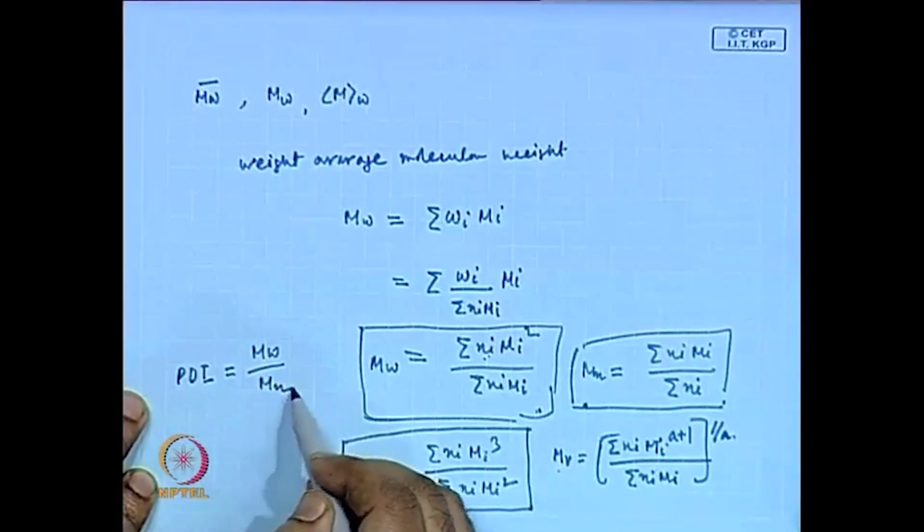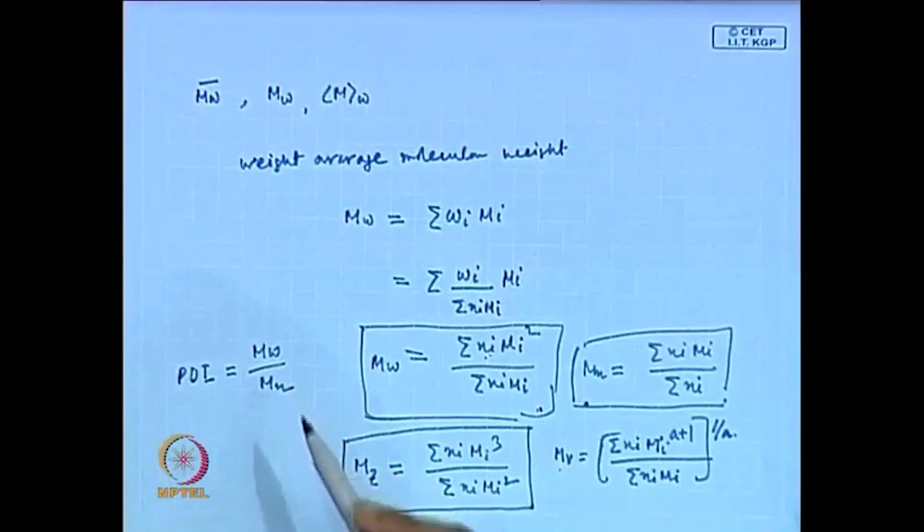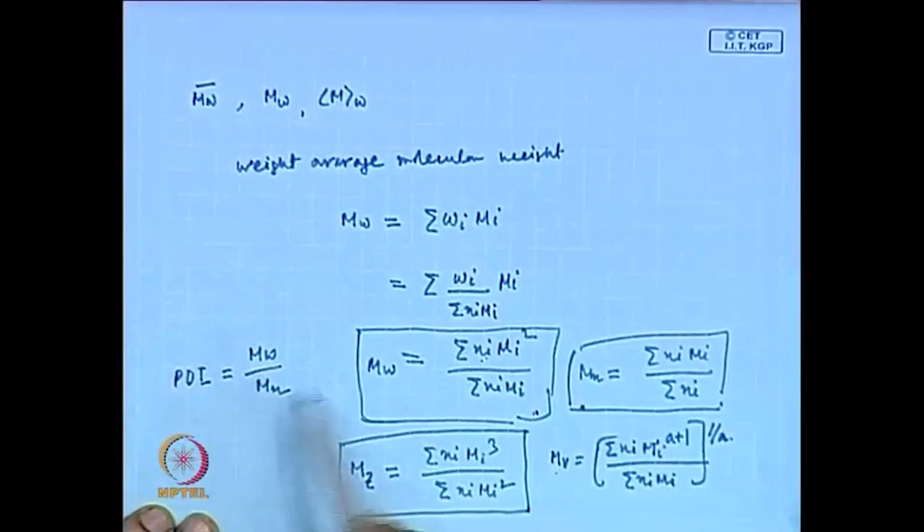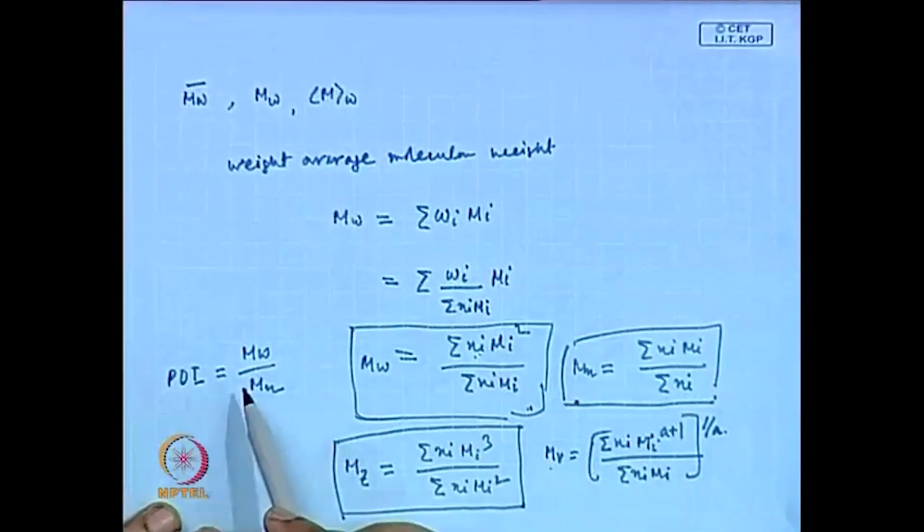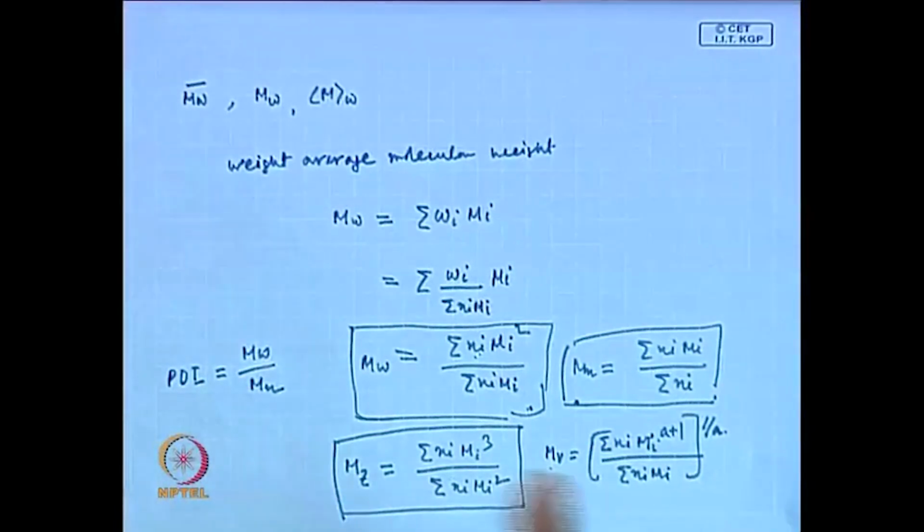And to quantify the breadth or the distribution, this term is used, polydispersity index, or sometimes simply dispersity index, which is given by this ratio. So, the higher this ratio, the higher the polydispersity index, that means the higher the breadth.